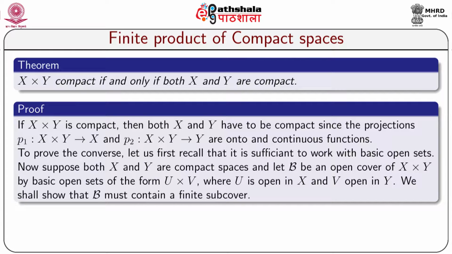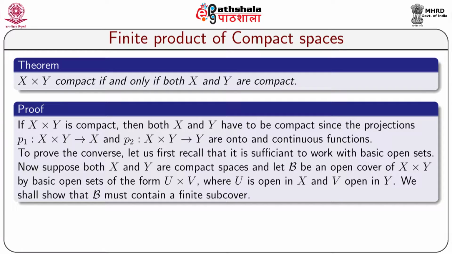To prove the converse, let us first recall that a space is compact if and only if every open cover by basic elements has a finite subcover. We have already mentioned this fact, that to prove compactness, it is sufficient to consider basic open covers.